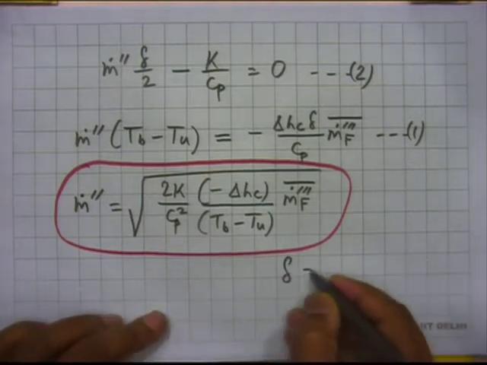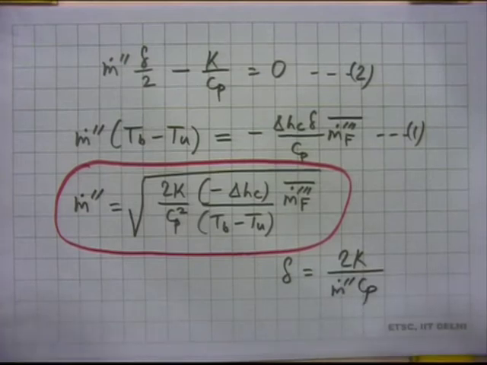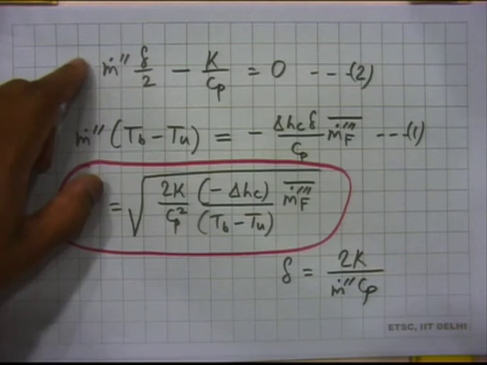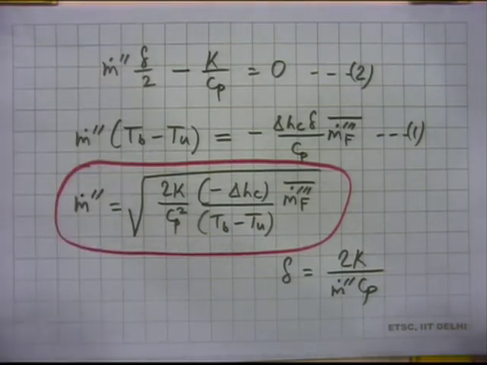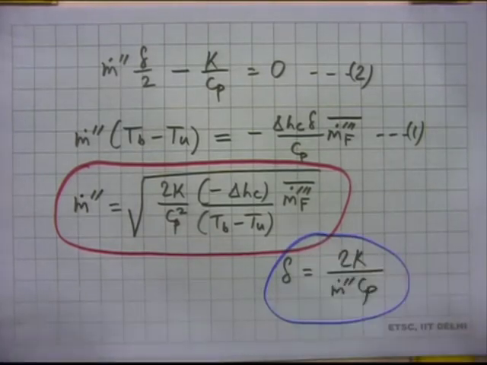Delta is that, from equation 2 directly. So, that is delta. Let us see. So, we are very close to what we wanted to have. We wanted expressions for m dot double prime and also for thickness. You have to get thickness, otherwise you cannot get m dot double prime directly.